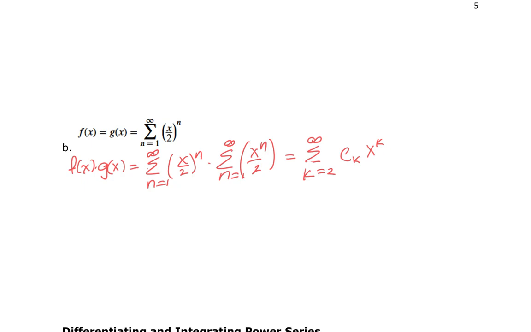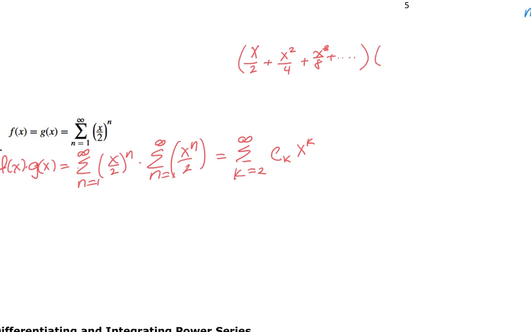Now, why 2? Well, if I were to multiply my first one, which is x over 2 plus x squared over 4 plus x to the 3 over 8 plus ... There's my f of x.